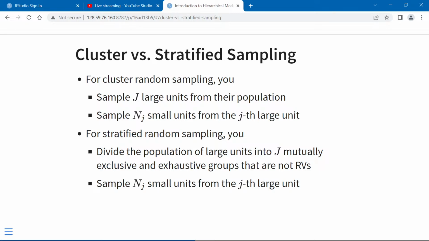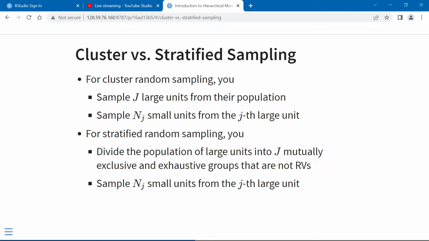In particular, are we talking about cluster random sampling or stratified random sampling? So what's the difference between those? With cluster random sampling, you proceed in 2 stages. First, you sample J large units from the population. The most classical example of this is in education research, where the J large units would be schools.